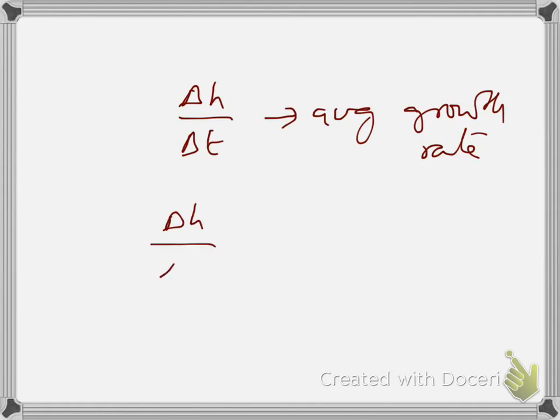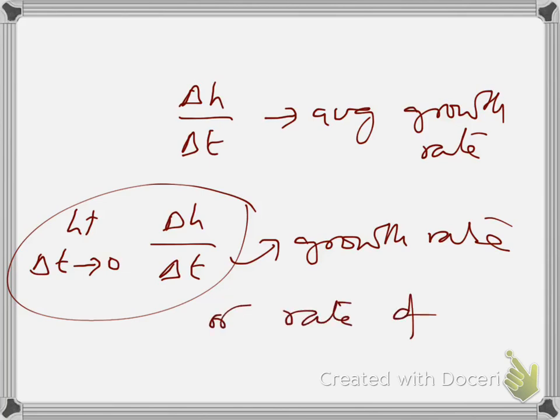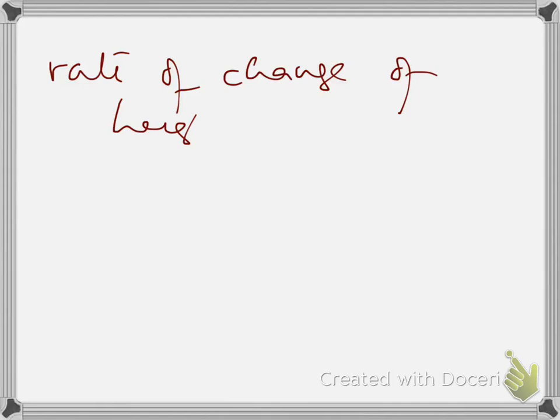But when you calculate delta H by delta T with that delta T tending to 0, this is called growth rate, or I can say rate of change of height of baby. Or some people say even more precisely, rate of change of height with respect to time.